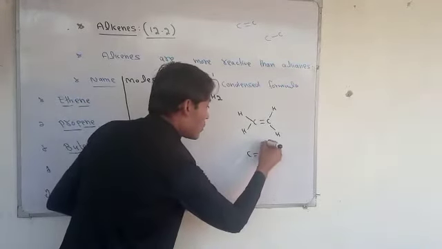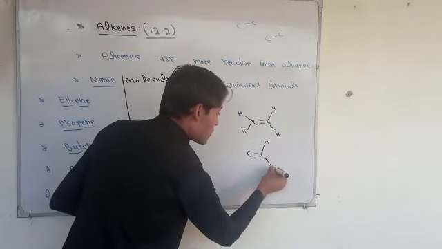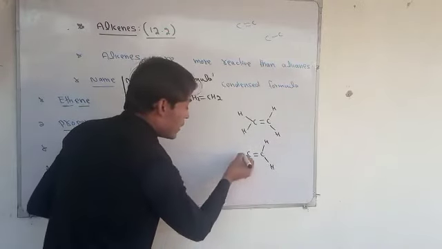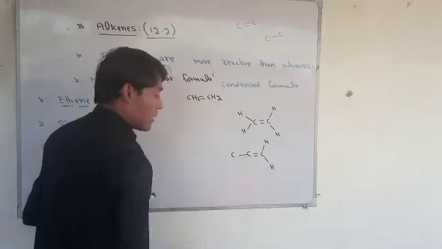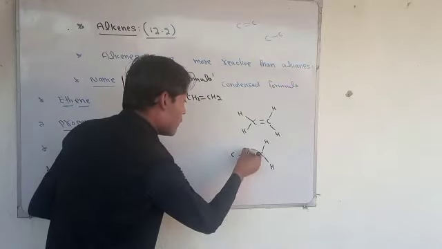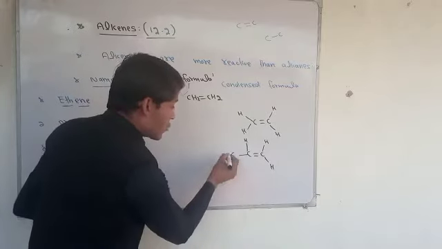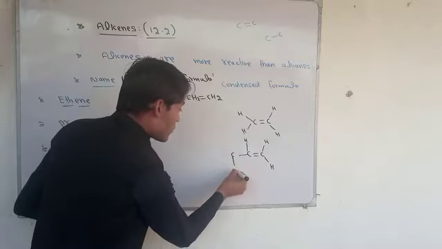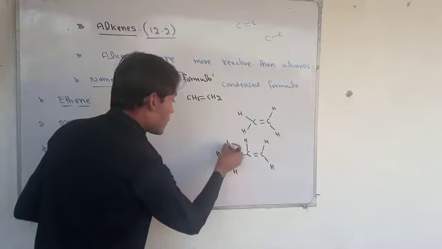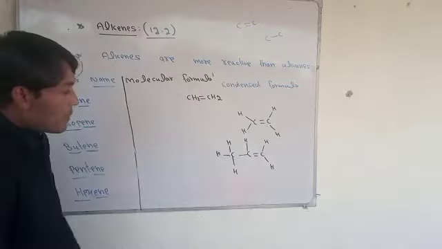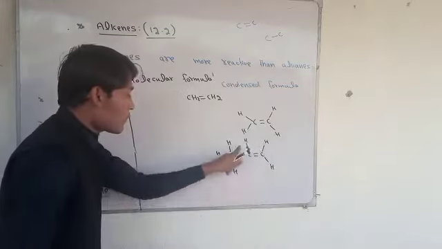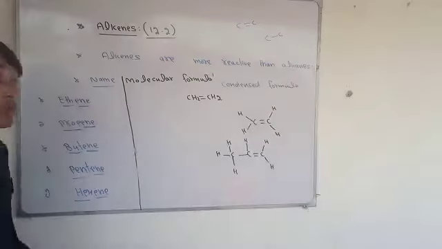So we attach one hydrogen, then another hydrogen, and only one hydrogen here. And 3 we need on the last one. So we can attach one hydrogen, one hydrogen, and one hydrogen. So how many hydrogens do we get? 1, 2, 3, 4, 5, 6. That is basically called propene.